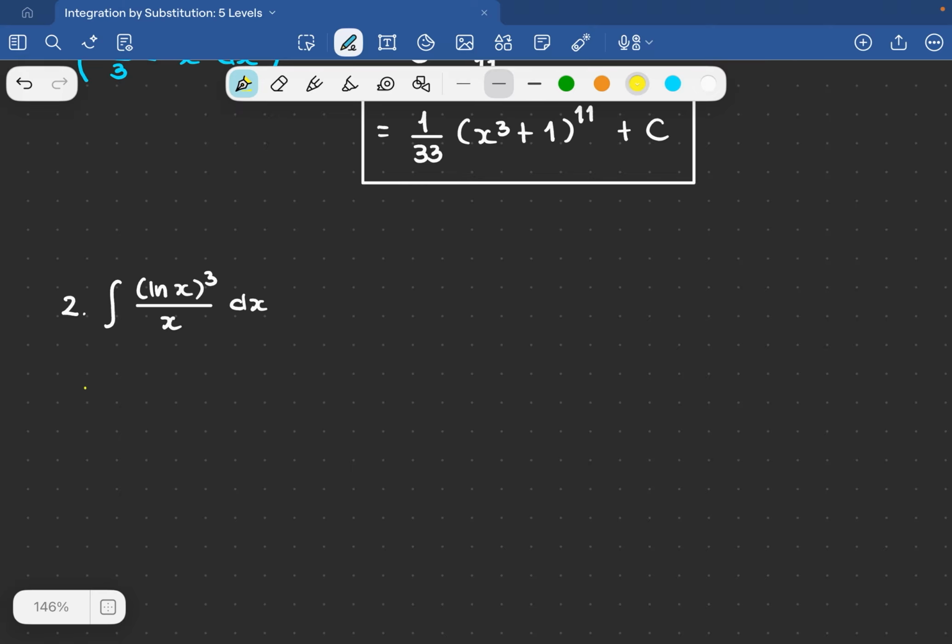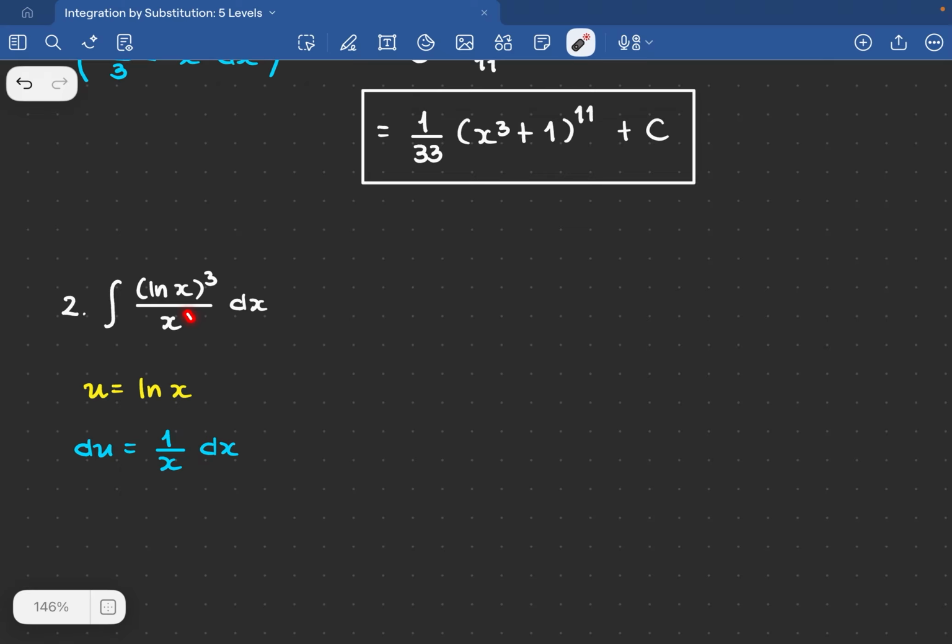So we can let u be equal to ln x, because like I said earlier, then the du would just be 1 over x, and of course dx. This matches perfectly with what we have, since we have an x here in the denominator.